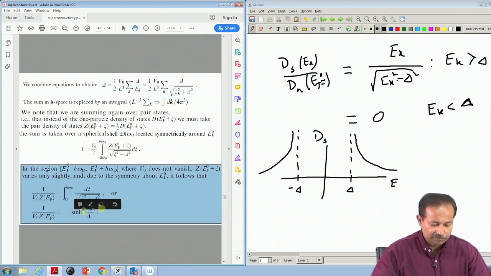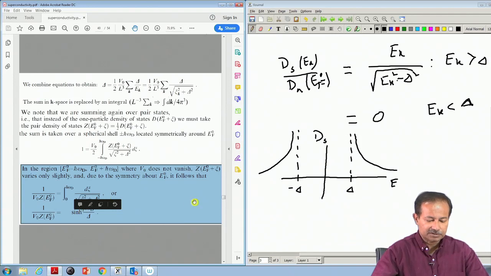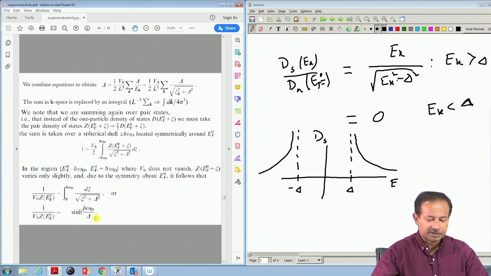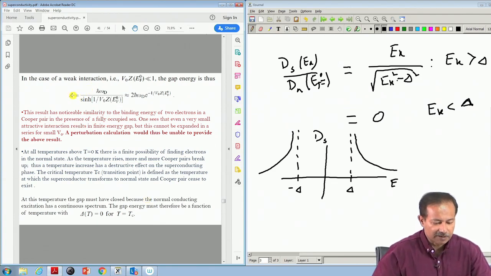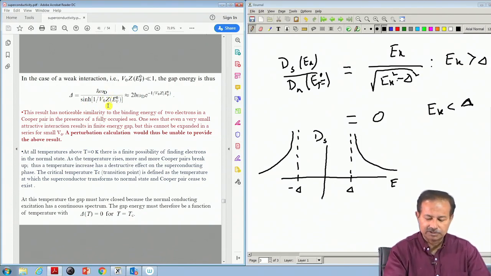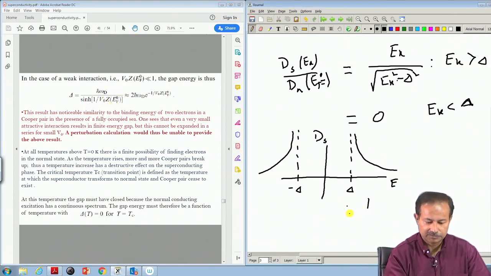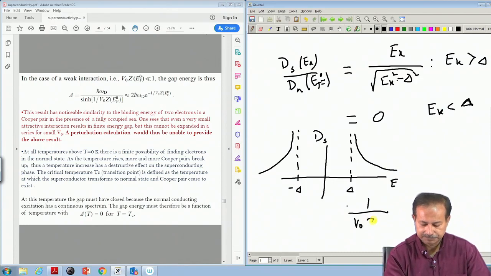Okay. So, here is the result, and now sinh inverse of h cross omega D by delta is this quantity. So, I go one more step, and write delta equal to h cross omega D by sinh of this quantity. Now, this quantity 1 by V 0 times the density of states, which is written here as Z, we can write it as the original g also, it does not matter.